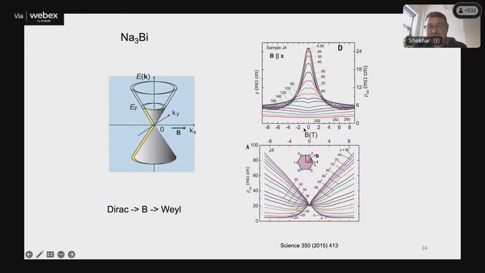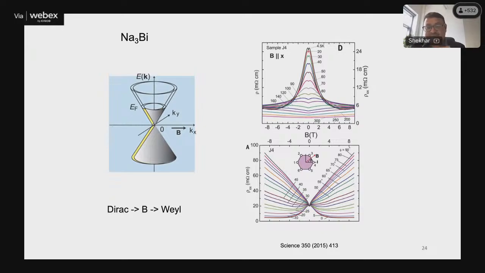So here we can focus only on the parallel field, where the angle is zero or nearly zero, and we can expect a negative magnetoresistance. We can see this because we pump the charge carriers in the presence of a magnetic field, so we are decreasing the resistance by increasing this current.